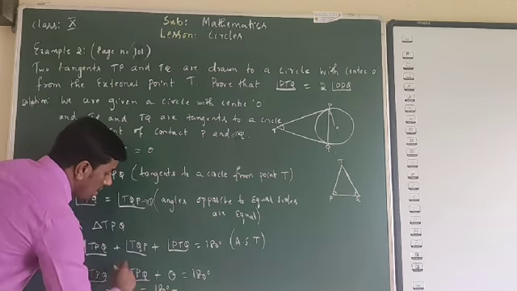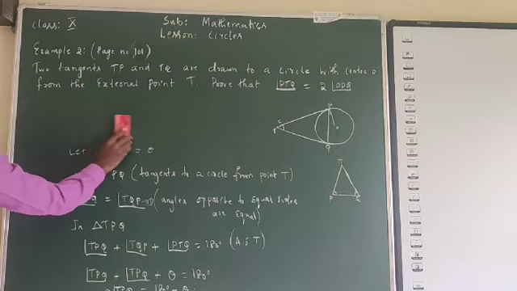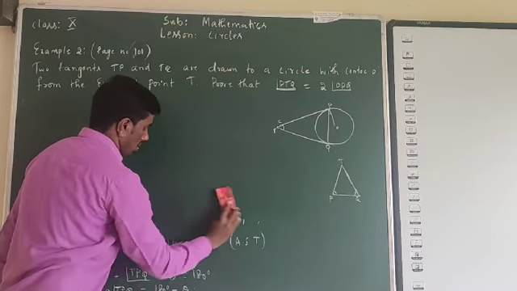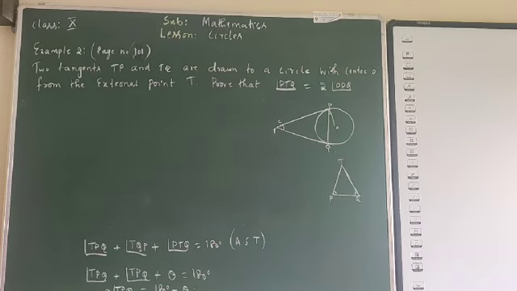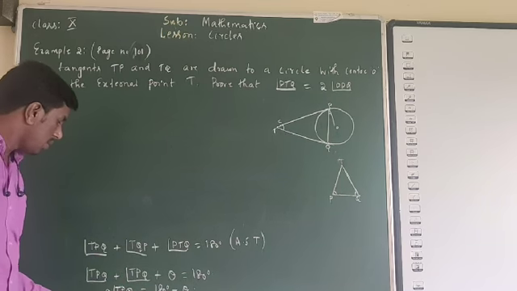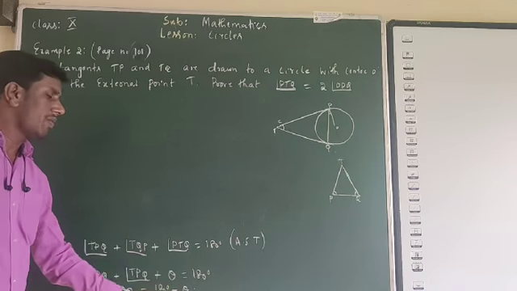So now, we'll keep angle TPQ here only, and we'll send 2 to the other side. Since it is multiplied here, once it is transferred to the RHS, it will get divided.